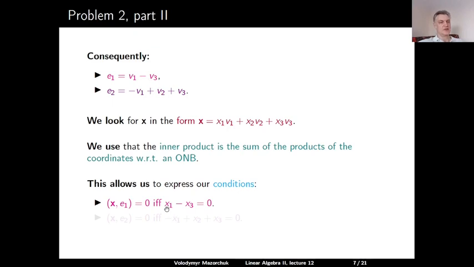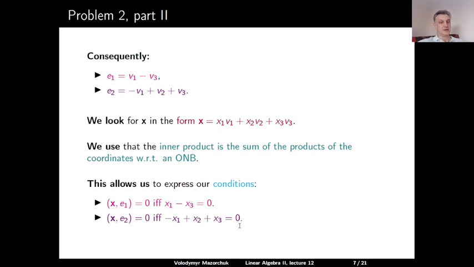In other words, x is orthogonal to e1 if and only if x1 minus x3 is equal to 0. Similarly, x is orthogonal to e2 if and only if x1 times minus 1 plus x2 times 1 plus x3 times 1 is 0. So the second condition is minus x1 plus x2 plus x3 is 0.